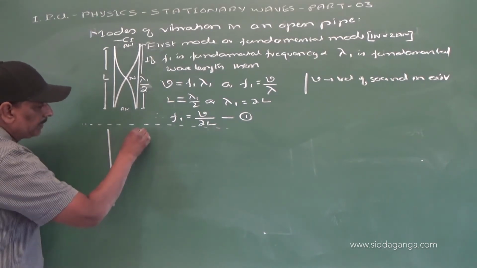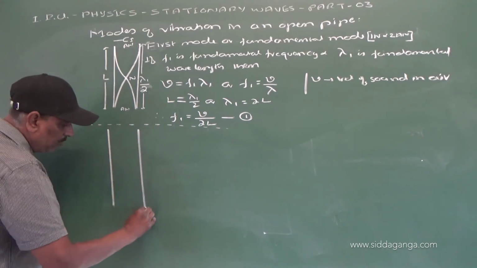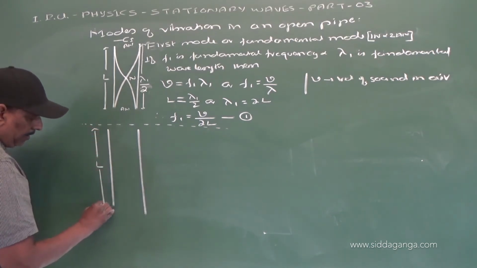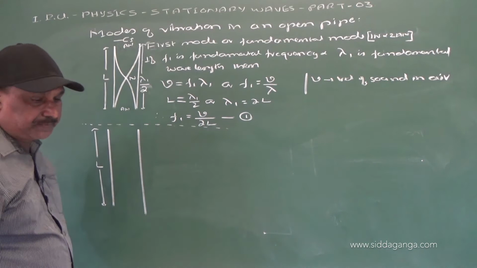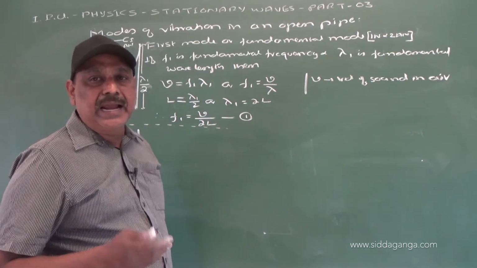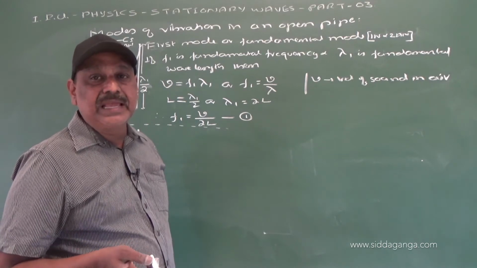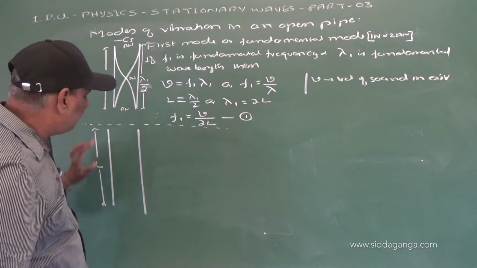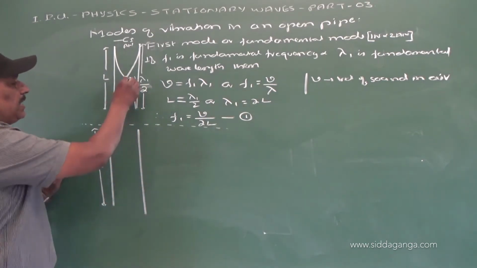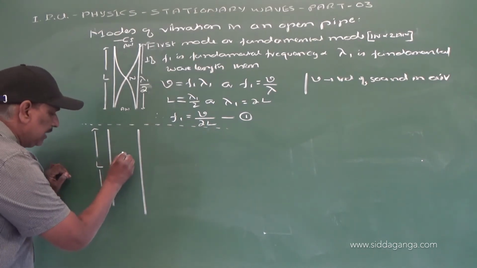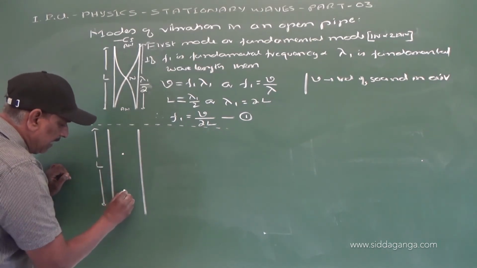Now in the next mode of vibration, what happens? One node and one antinode increase. That means here, instead of two antinodes, we are having three antinodes, and instead of one node we are having two nodes. That can be represented like this.